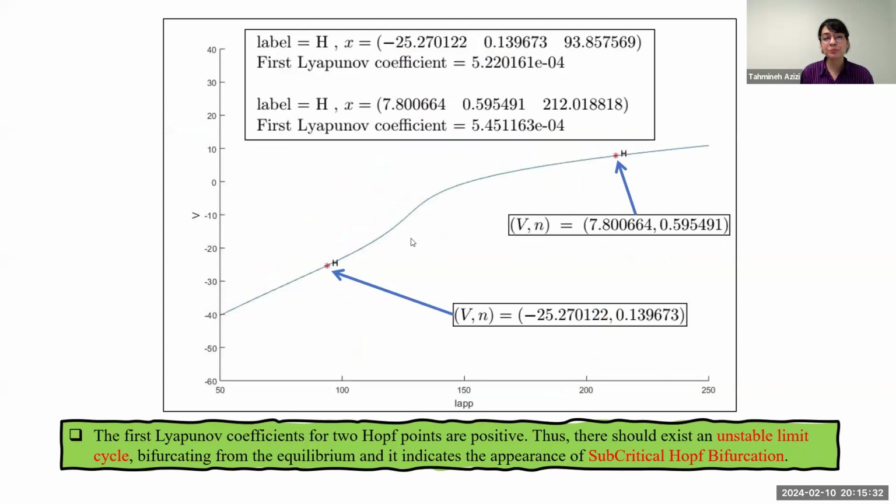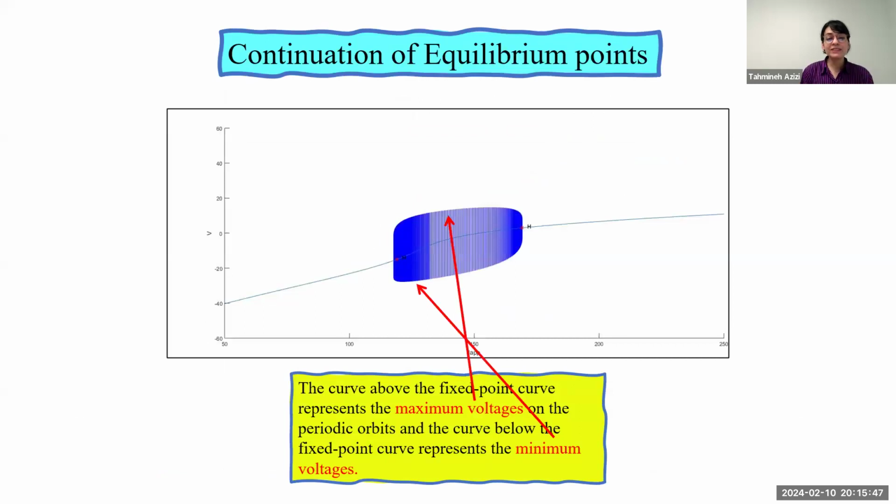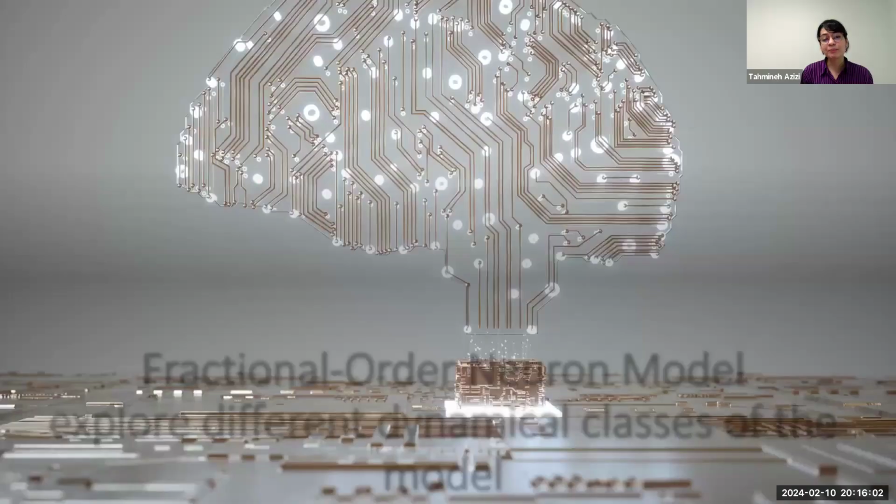Also, if we continue through the continuation of the fixed point, we can see the generation of this Hopf bifurcation, and we can find the value for the membrane potential and the gating variable n. It can also be interesting to find a bound, the maximum and minimum membrane potential, for spiking behavior of the neuron cell, which is again through the continuation of the equilibrium point happening here.